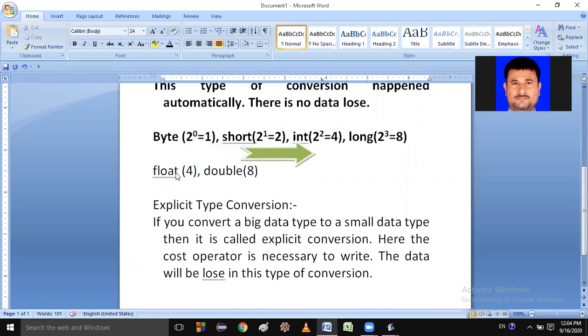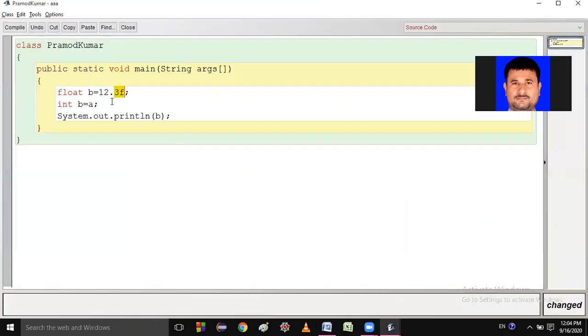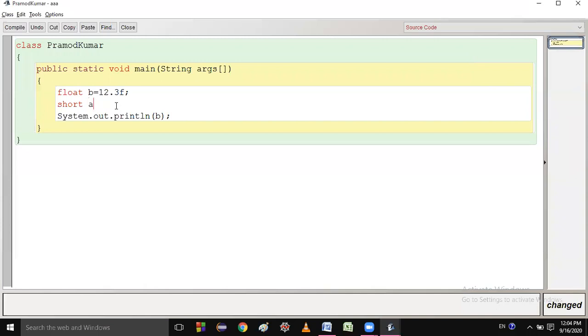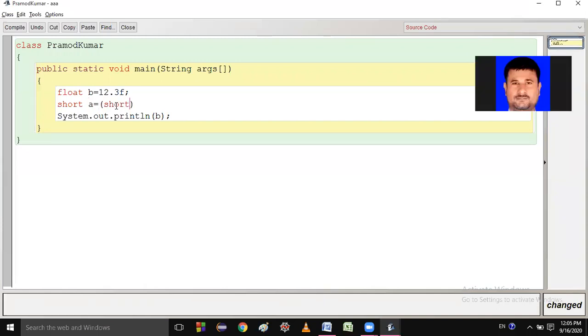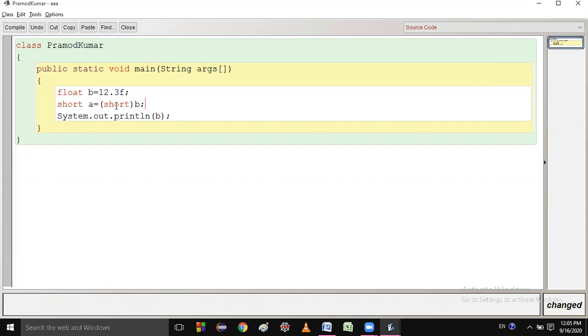Okay, so let me write. If you want to convert this one to short, then you will write here short a, and I must write SHORT is short, and b. Can you understand this point?